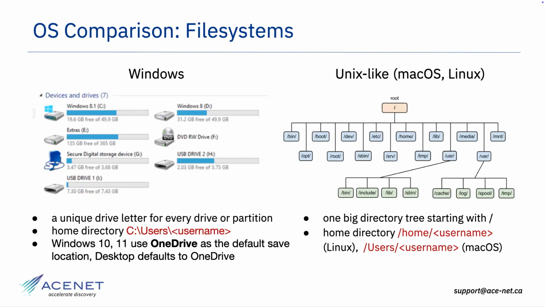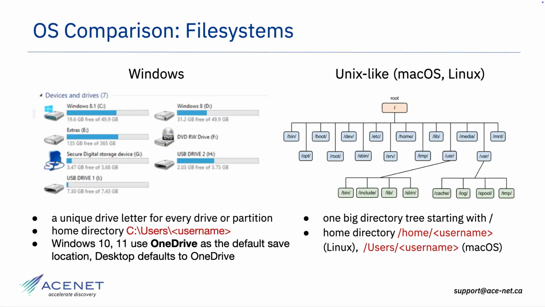First is the file system organization. Unlike Mac OS and Linux, Windows organizes files differently, in the sense that Windows uses drives. So before you can access files located on a different drive, you have to change drive first.